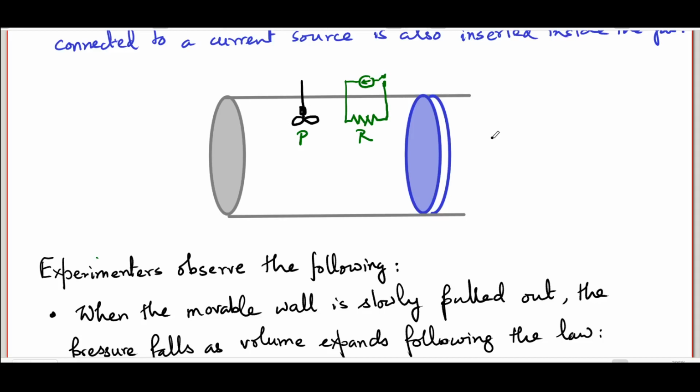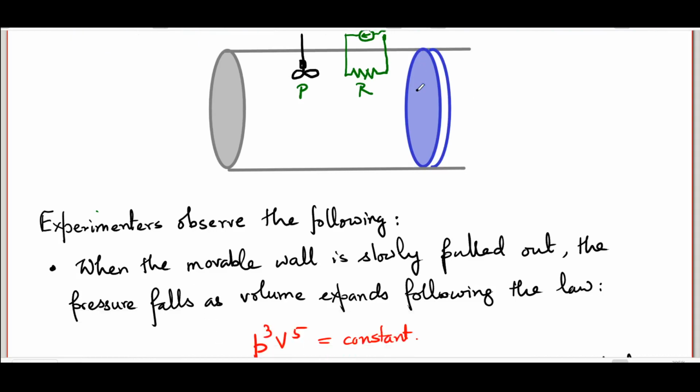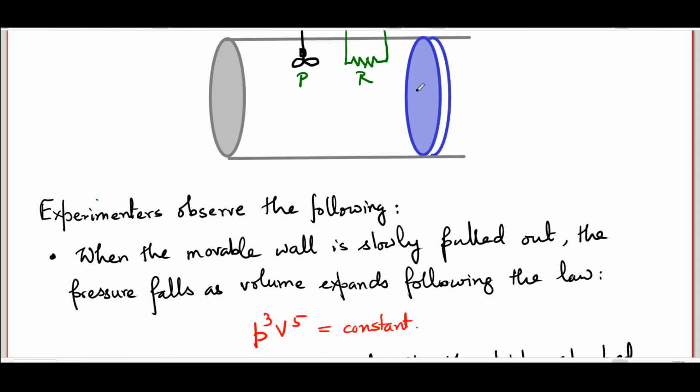But experimentally, by attaching pressure gauges and maybe having graduations drawn on the cylinder so that the volume can be measured, our experimentalist friend finds the following. The law which this gas obeys as it expands is given by P^3 V^5 equals constant. So this is a purely experimental finding at this stage.